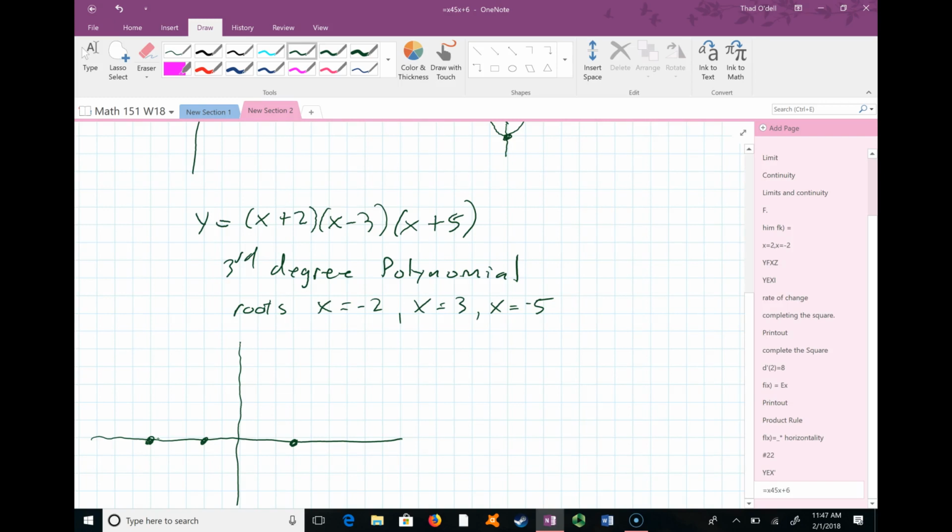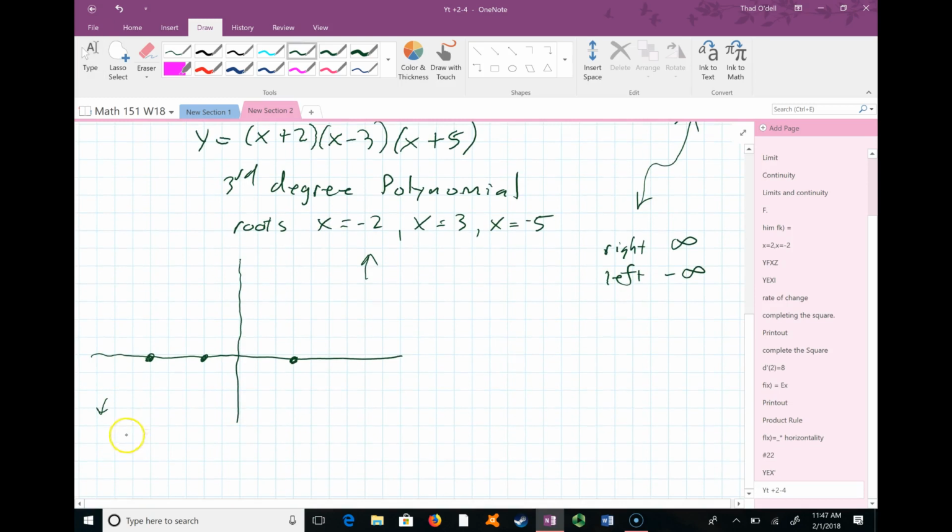So this is a third degree polynomial, which means end behavior-wise, it looks something like that, meaning that on the right is positive infinity, on the left is negative infinity. So I know this has to end up headed up this way and on this end like that. So just from that, I can roughly sketch out this polynomial. It must do something like this.